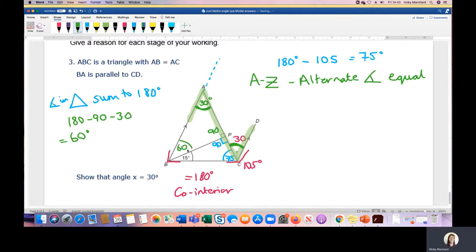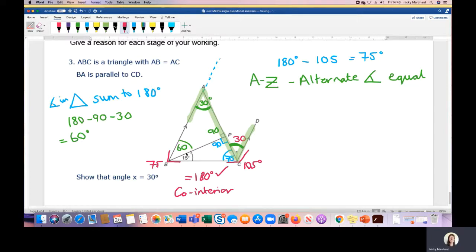So that gives us this angle down here as 60 degrees, which gives this angle here as 75 degrees. The whole corner is 75. So this corner here is 75, and this corner here, if we assume that 30, is 105. If you add these two together, they do equal 180 degrees.